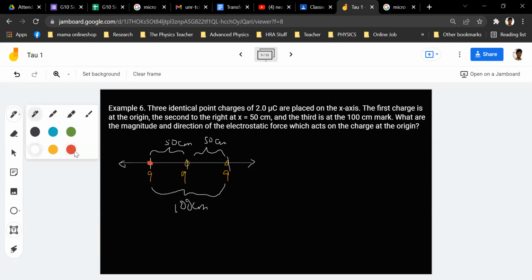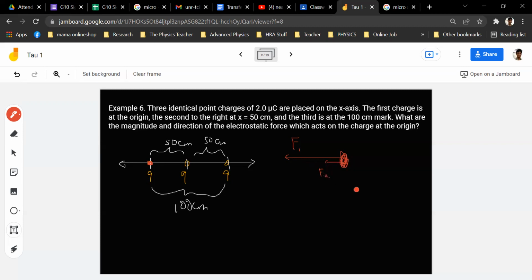So if we draw a free body diagram of the first charge, this is the first charge. It is repelled by the second charge, and it is also repelled by the third charge.